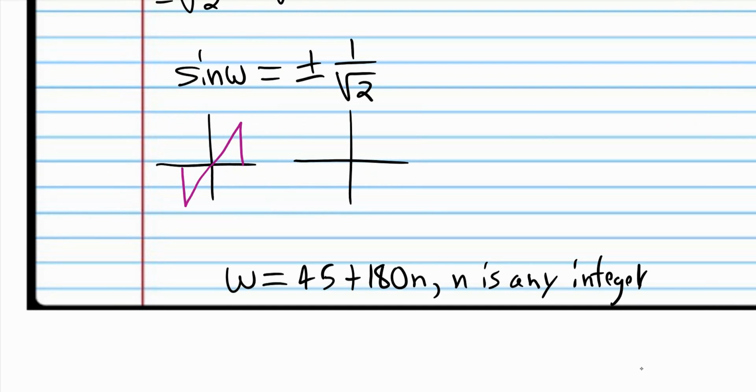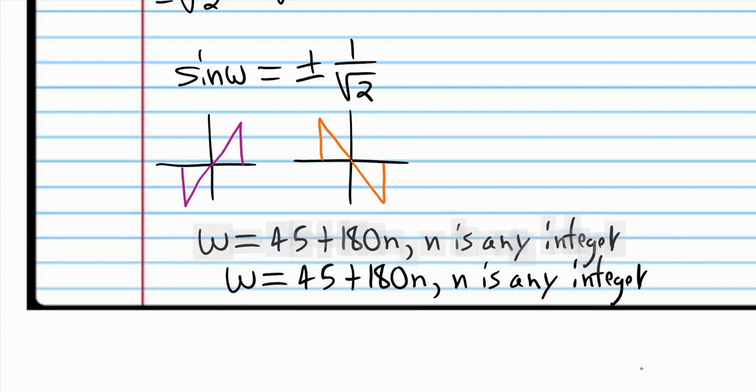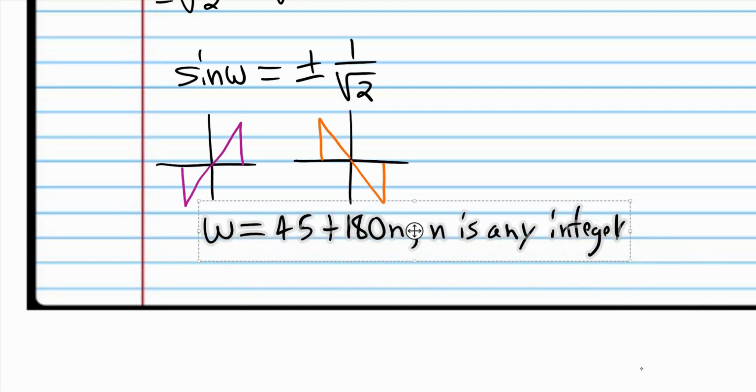But we also have answers in the second quadrant and the fourth quadrant. But again, in order to get from the green angle to the pink angle, which is the next solution in the fourth quadrant, we just add 180 degrees. So our next equation can be 135.